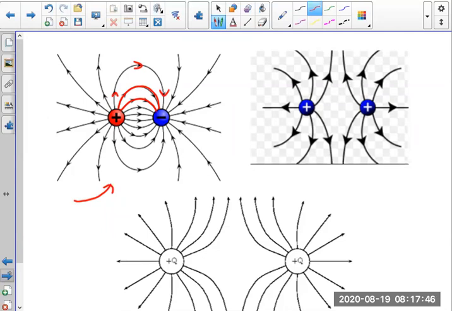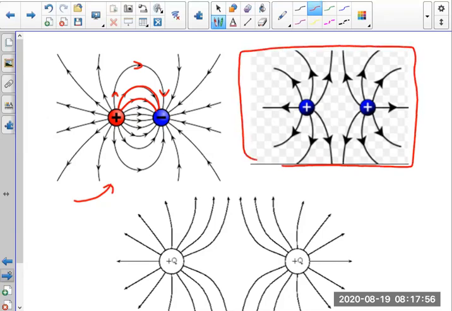If I have two positive or two negative point charges, for the two positive point charges, it will look like this. This will be the shape of two positive point charges. The lines don't cross each other and they are going to repel each other. Actually, it's leaving a gap in between the two positive point charges.